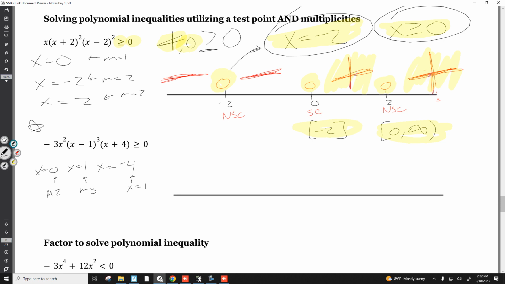Look at your multiplicities. Label it as no sign change or sign change. Probably the best thing to do is just label the no sign changes. Just label the no sign changes and assume all the other points are sign changes.